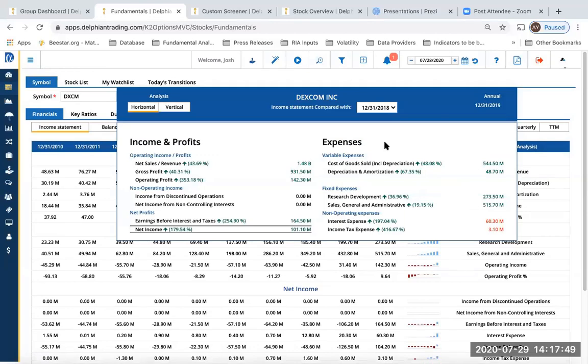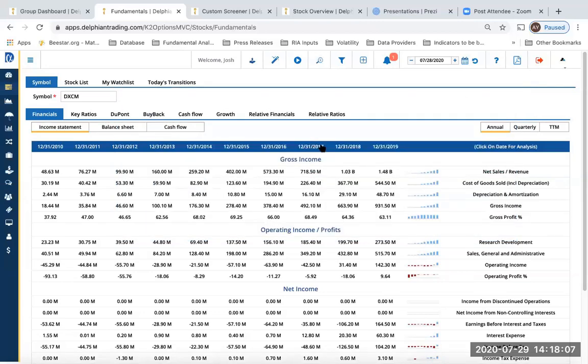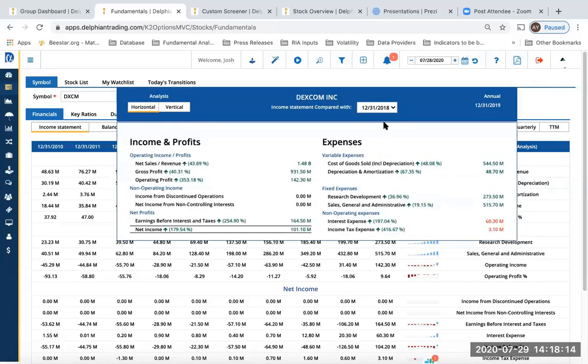If you click on this date, you can see it a little bit differently. This is all the income side. This is the expenses side, and these are divided into the variable expenses and this one as well, right? One of the things you can look at is the comparison.